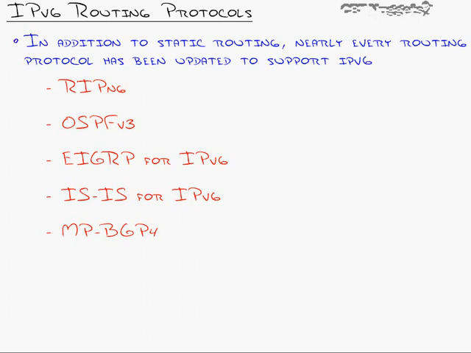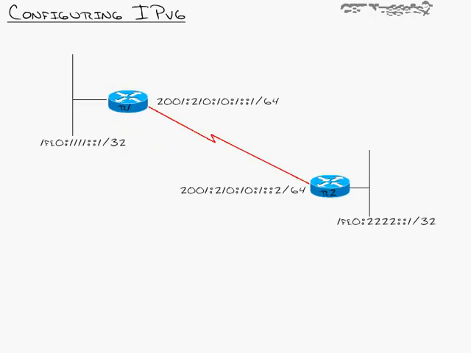But nearly every routing protocol that exists has also been updated to support IPv6. RIP next generation is what we're going to configure in here, but they also have OSPF version 3, EIGRP and IS-IS for IP version 6, those have been modified, and BGP, which is the routing protocol of the internet, has now become multi-protocol BGP, which supports not only IPv4 addressing, but IPv6 addressing as well.